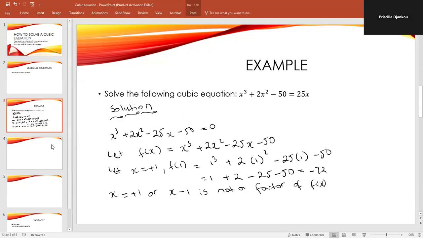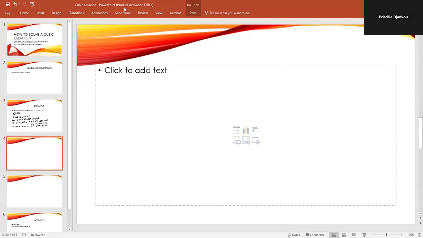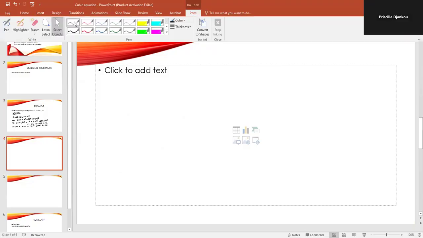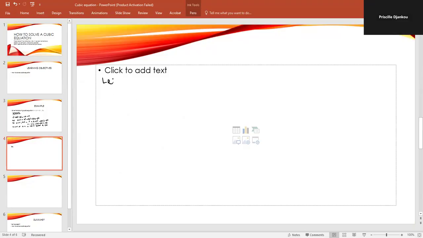Okay, we'll now need to use x equals minus 1. So let x equals minus 1. We substitute x equals minus 1 in the function f of x to obtain minus 1 cubed plus 2 times minus 1 squared minus 25 times minus 1 minus 50.